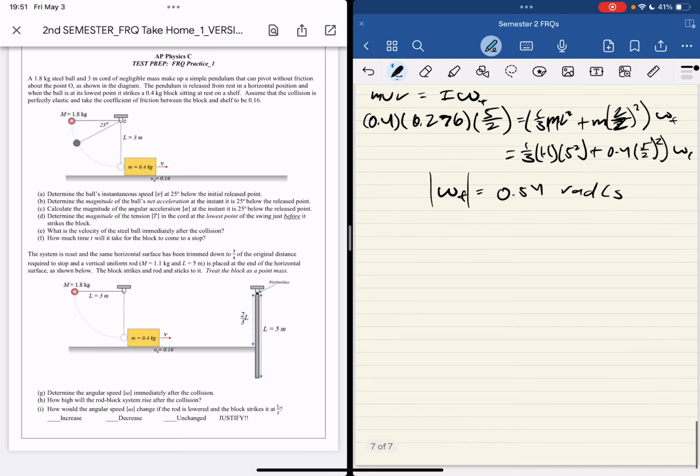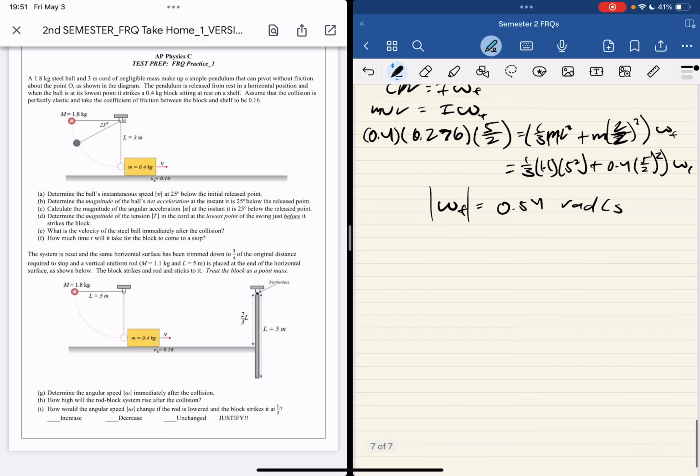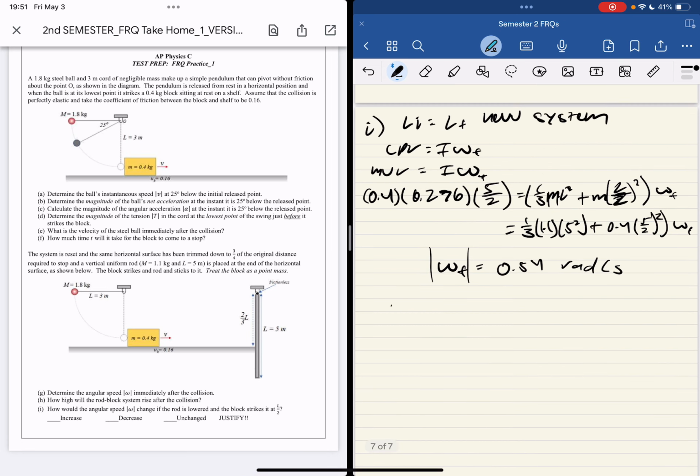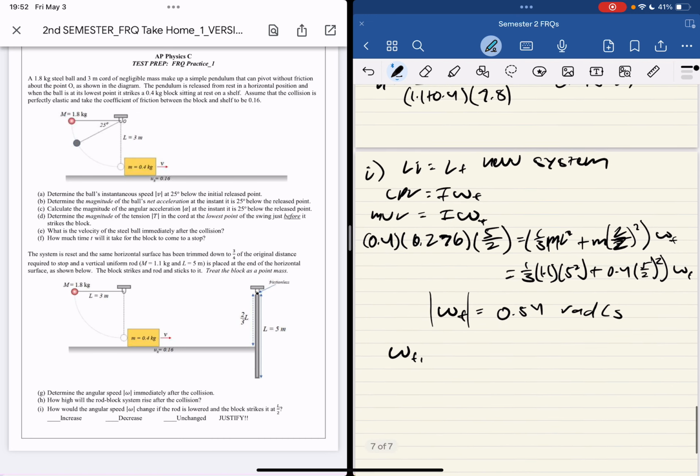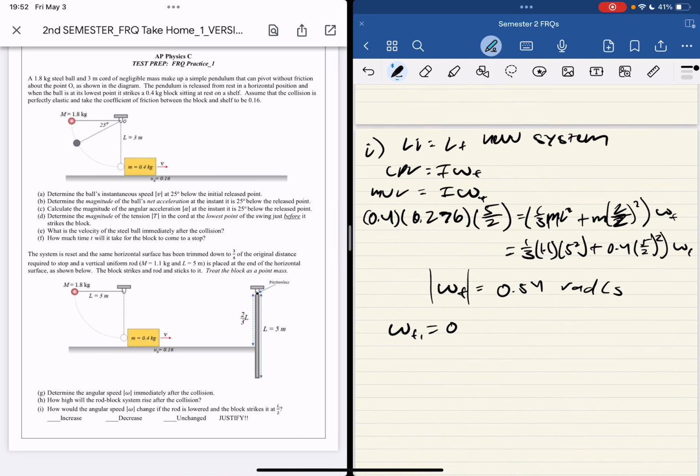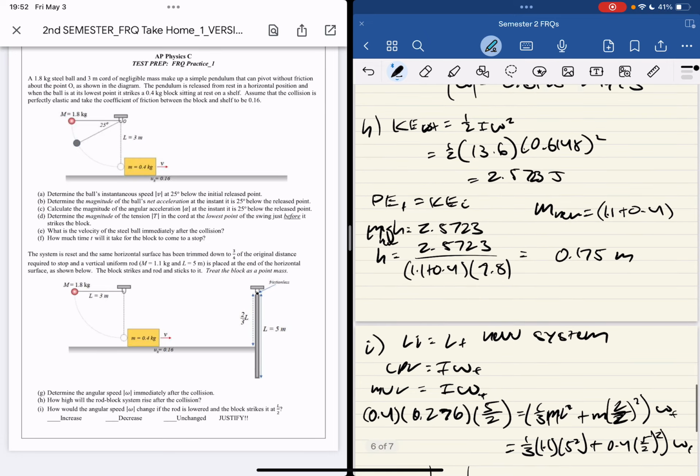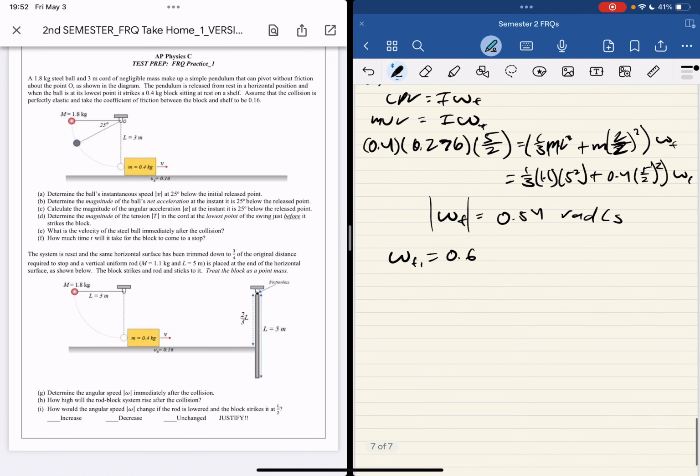We can just compare the speeds: the old one, omega 1 from earlier, was 0.6148, and that's greater than 0.54. Therefore, the new angular speed would decrease.